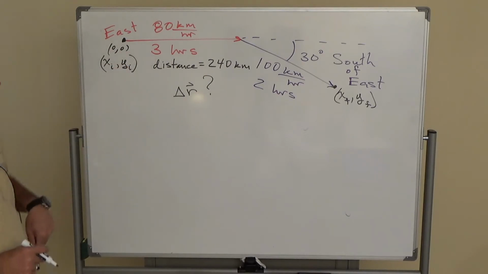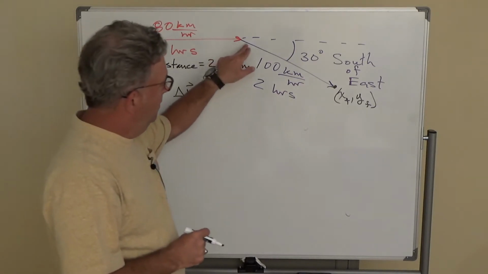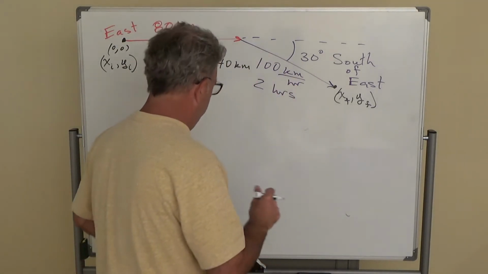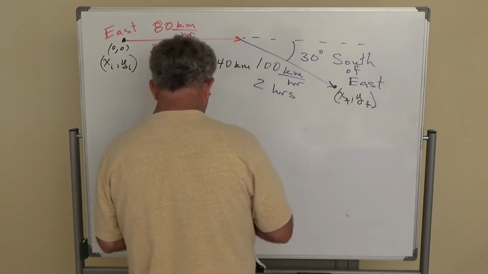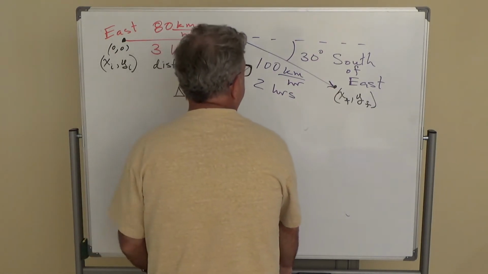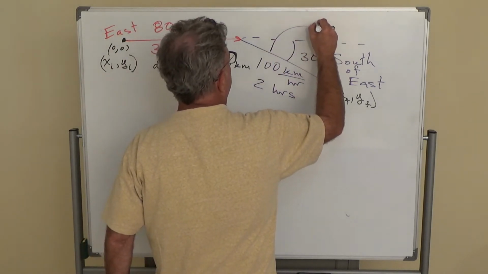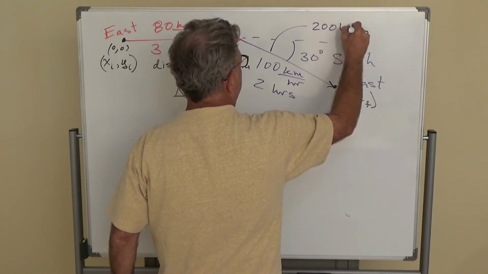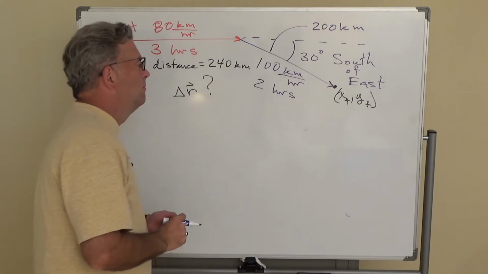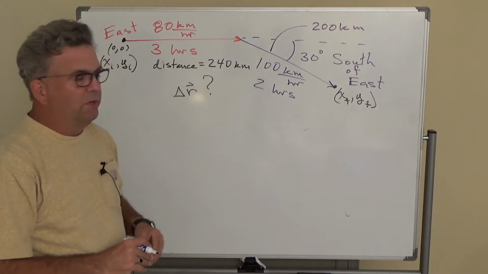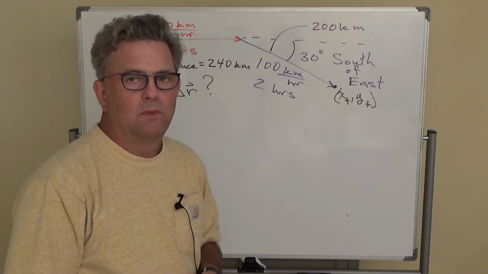That's for this first part. This distance, I'll put it in purple. This distance is 200 kilometers. 2 hours at 100 kilometers per hour. Okay?